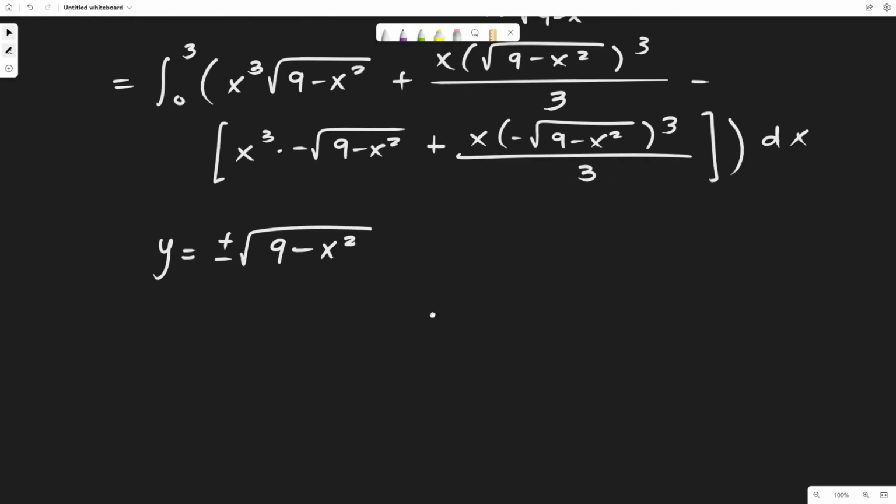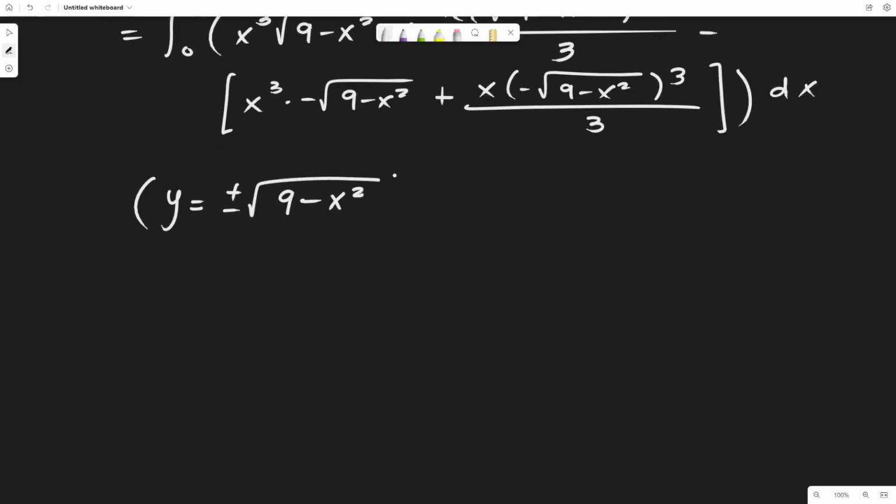When we square both sides, we arrive at y squared equal to 9 minus x squared, which, when we transpose the x to the other side, gives x squared plus y squared equal to 9, which is a circle.